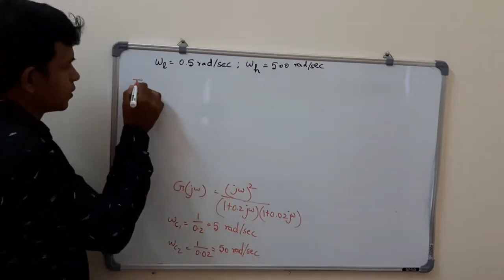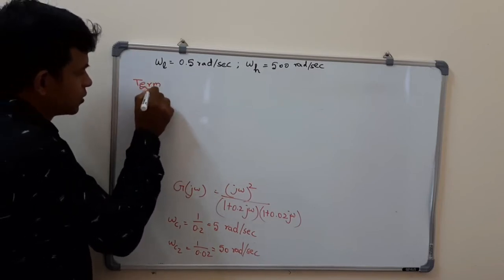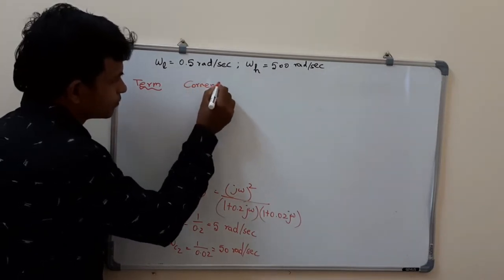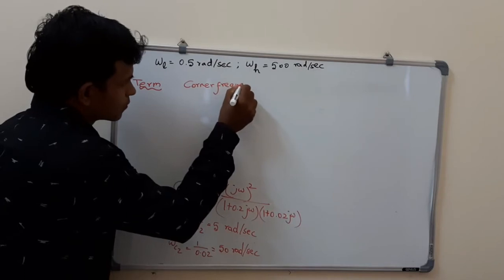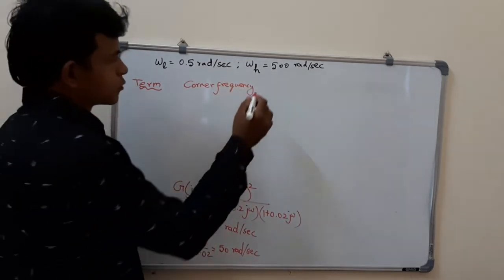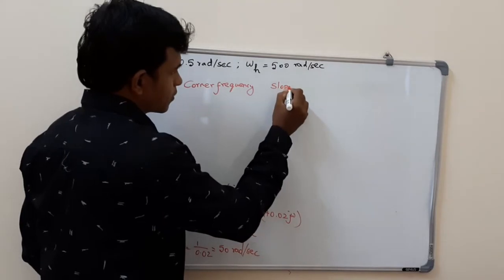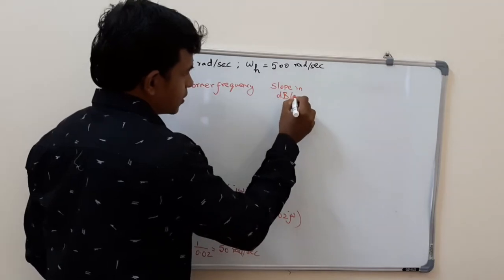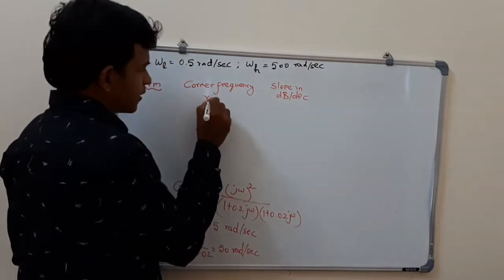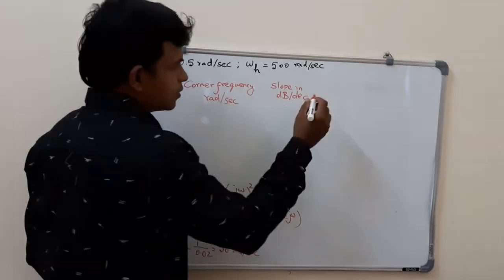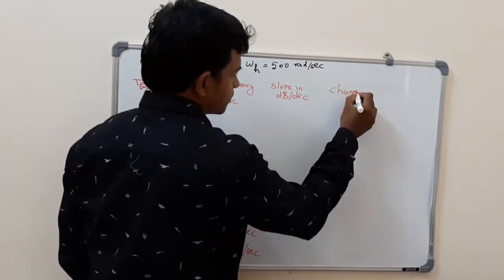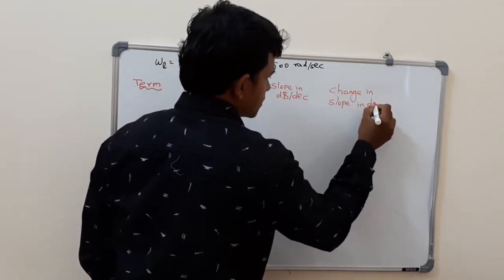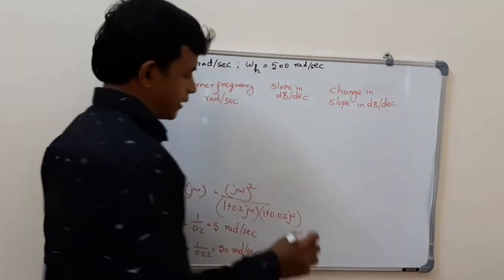I am writing it in a tabulation: the term, the slope in decibel per decade, the corner frequency in radians per second, then the change in slope in decibel per decade.